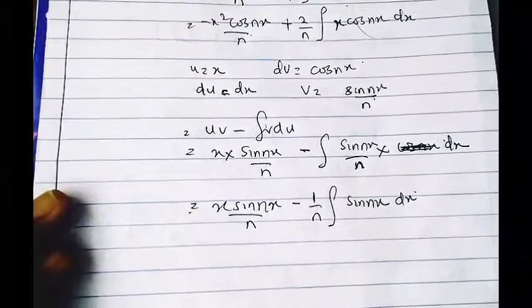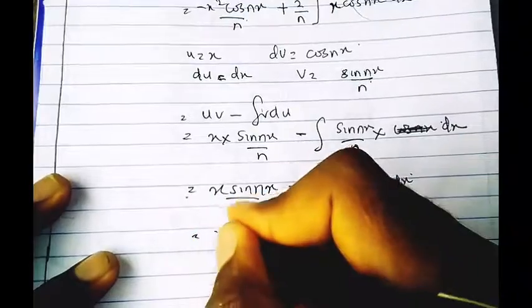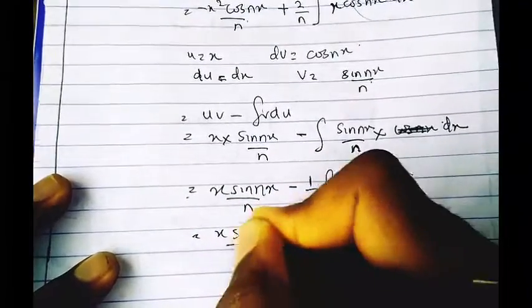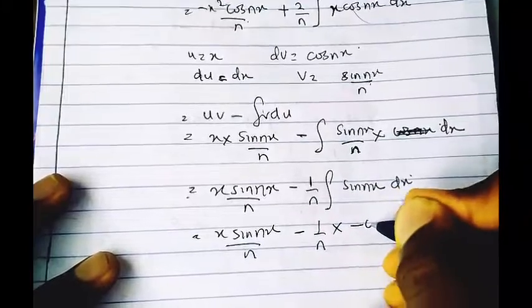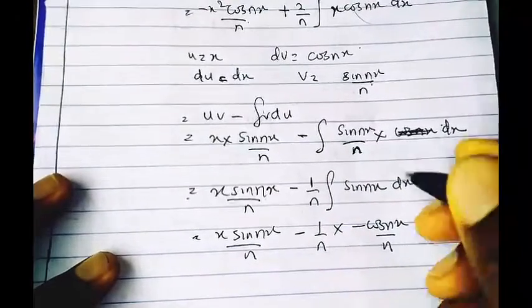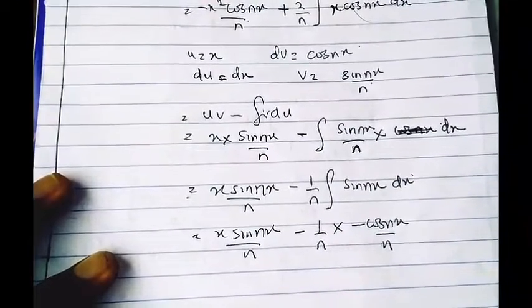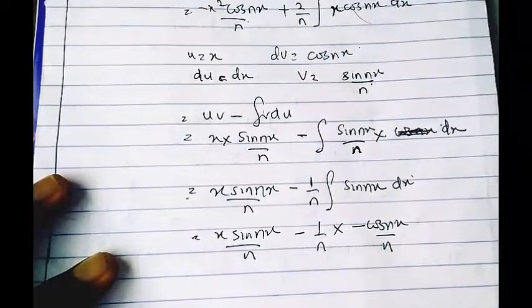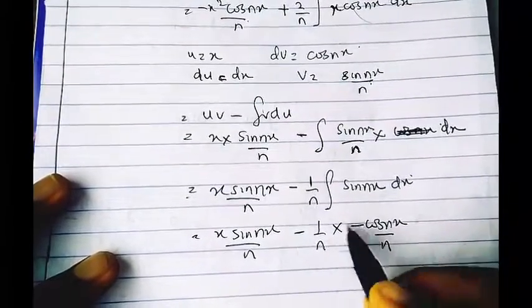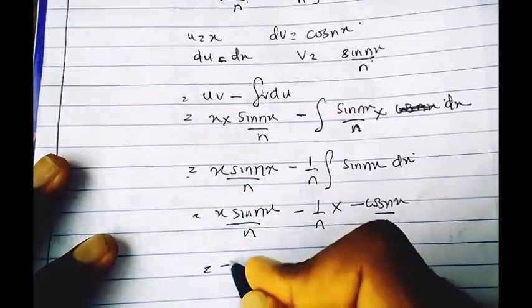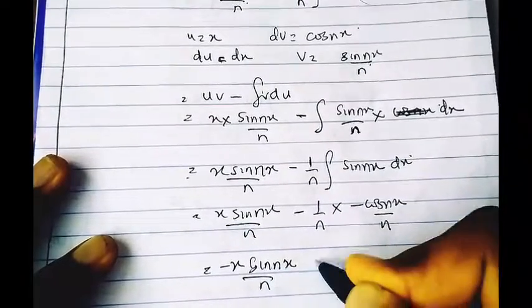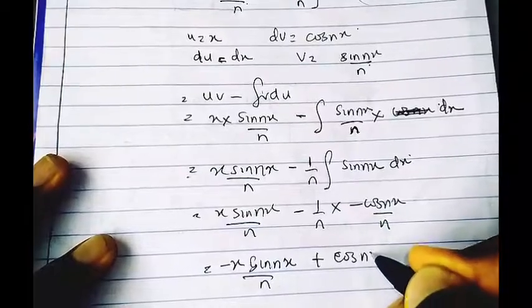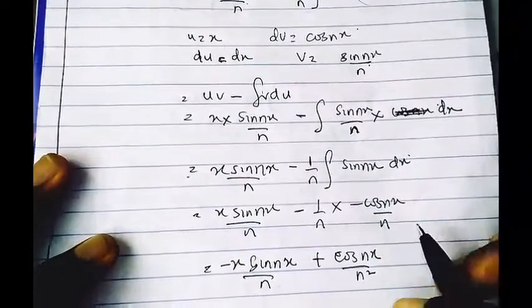So I can integrate sine nx, so we're left with x sine nx over n minus 1 over n times minus cos nx over n, because when I integrate sine nx, I'm left with minus cos nx divided by n. So this can multiply through, so we're left with minus x sine nx over n plus cos nx over n squared.